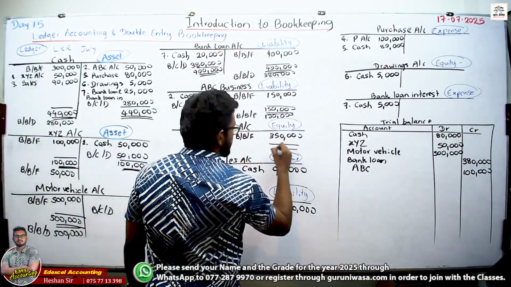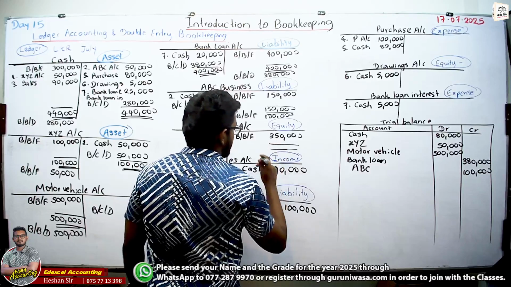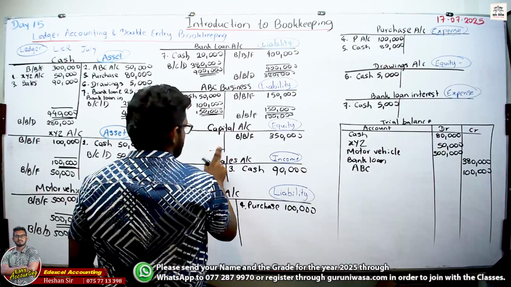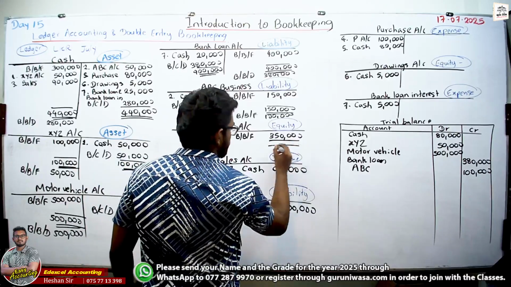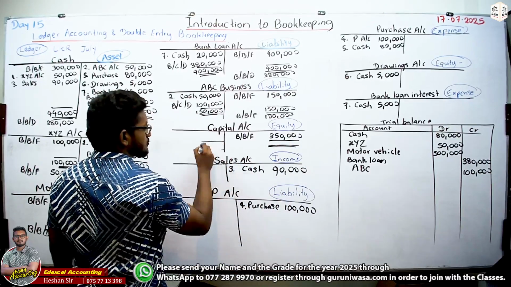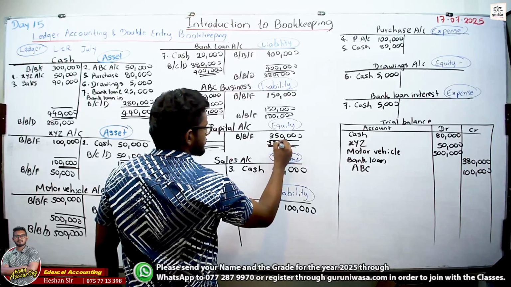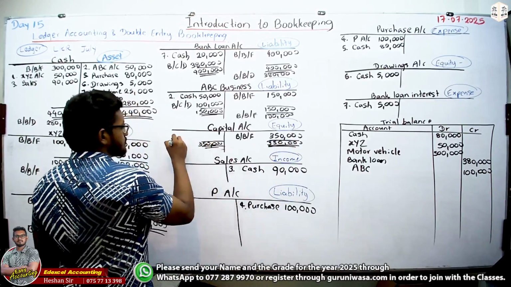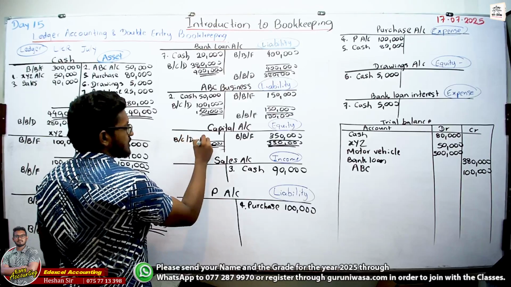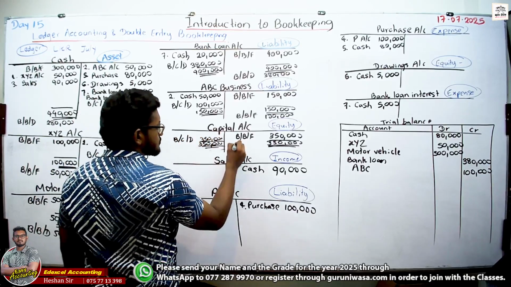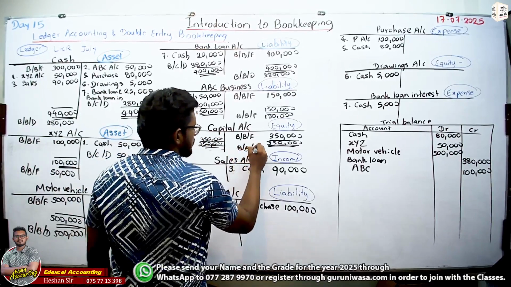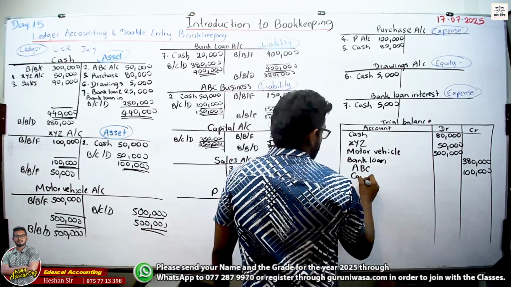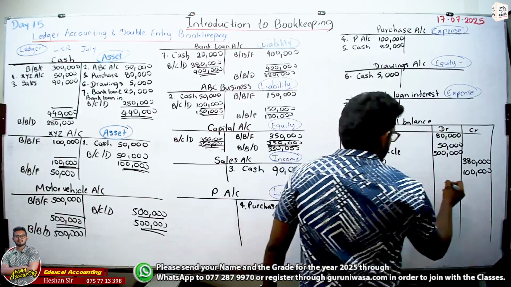Capital account is, you can see, 350, 350. Balance carried down 350. Balance brought down, can write as capital account, 300.